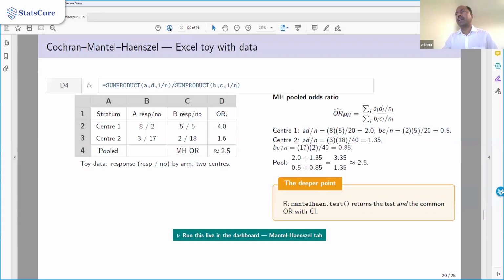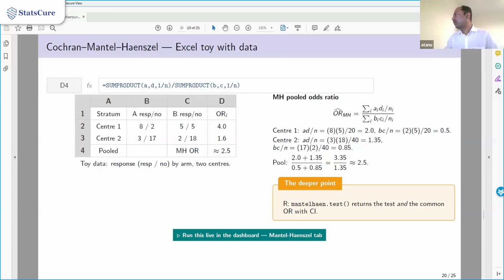Once you have the data split into different strata, we combine it, but not roughly. We consider the representation of the centers, and thereafter we calculate the odds ratio. That's the beauty of this.